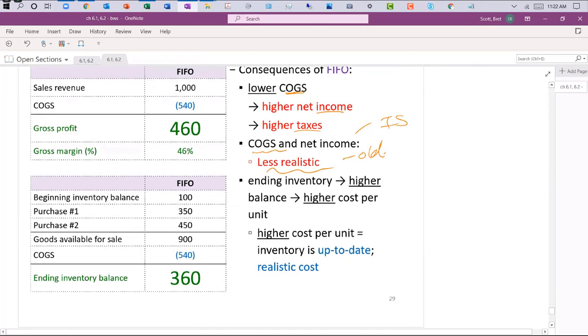Granted, we want to get rid of the older stuff, but when we look at cost of goods sold, we have to ask ourselves, is that really what it costs to buy those units today? On the balance sheet, we see that we have a higher cost per unit, and that's because the stuff that's left behind in inventory is the newer stuff. So on the balance sheet, we have a more realistic cost per unit.